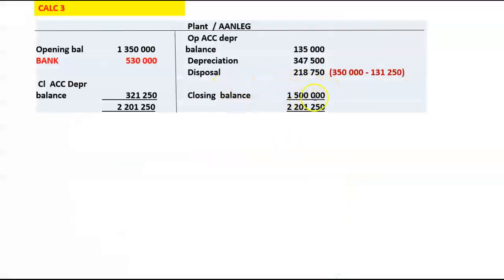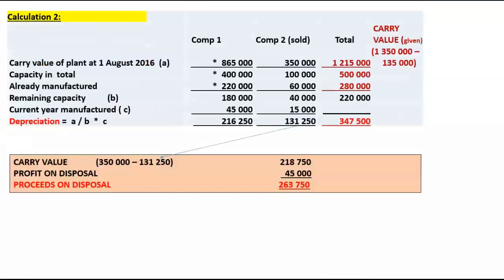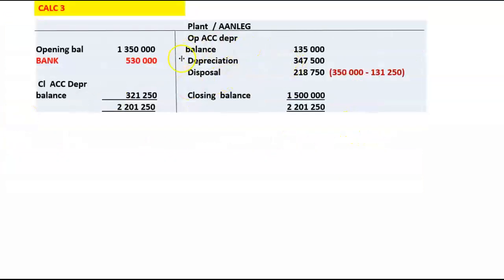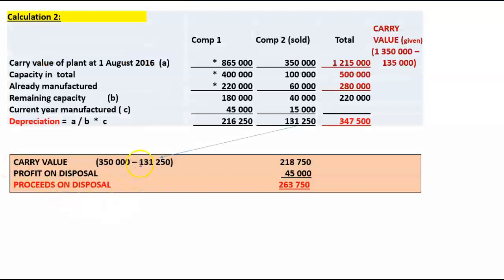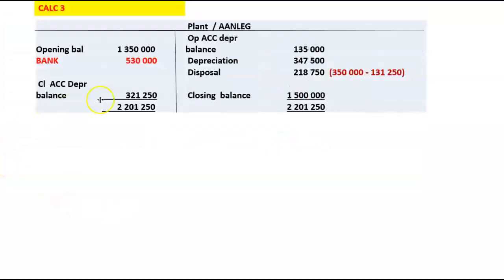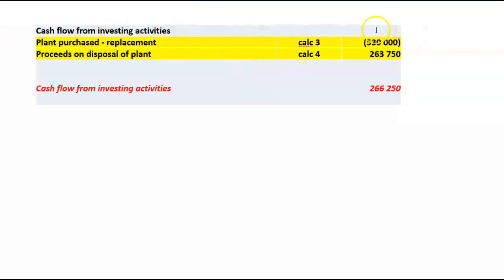Our total depreciation charge for the year was 347,500. The carrying value of the asset disposed of, there we worked that one out, 218,750. So here we're going to take it out, 218,750. And then our balancing figure in the plant account will be the new plant that we've acquired, and that is plant purchase for replacement purposes, 530,000.